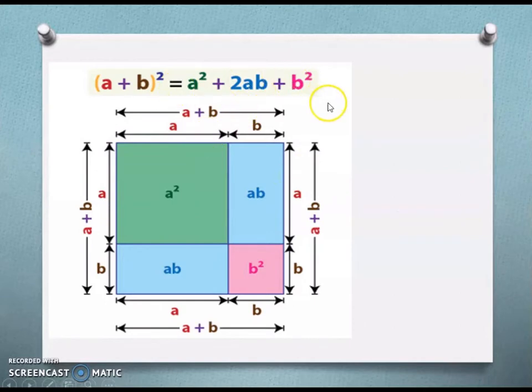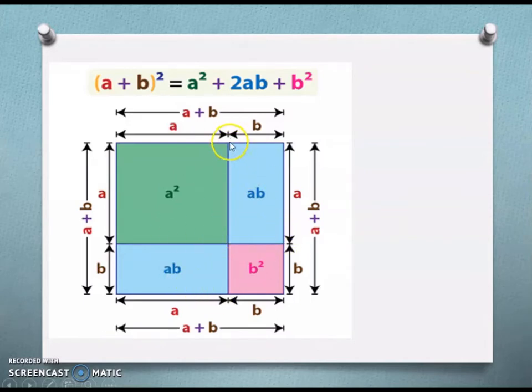Now if you see the geometric proof, consider a square of side a + b. So this is length a and this much is length b. So the entire square's area is (a + b) into (a + b), the whole square. Now this can be divided into 4 parts in this way.